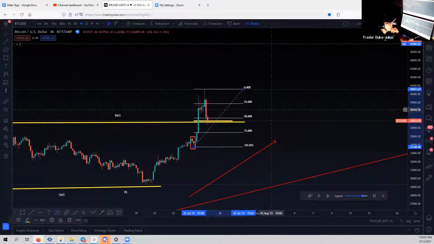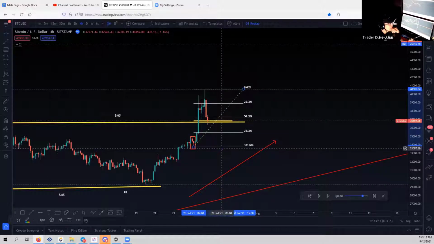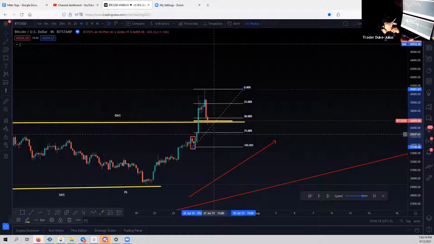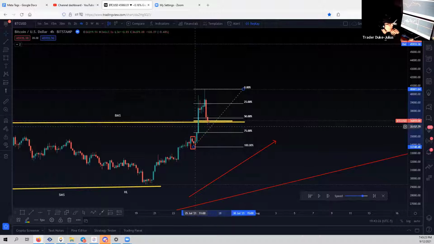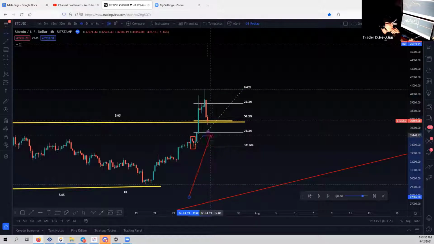We use the fib tool to determine how deep a pullback will be against the trend, so we can find an entry where whales and institutions will seek to get discount pricing, and this gives us our highest probability trade entry. So we are looking for an entry for a buy. So as long as price goes into the 50 or better, right here, anywhere in there.